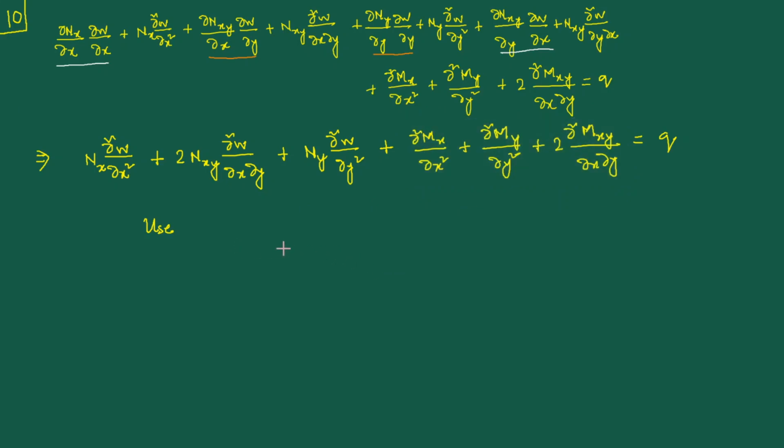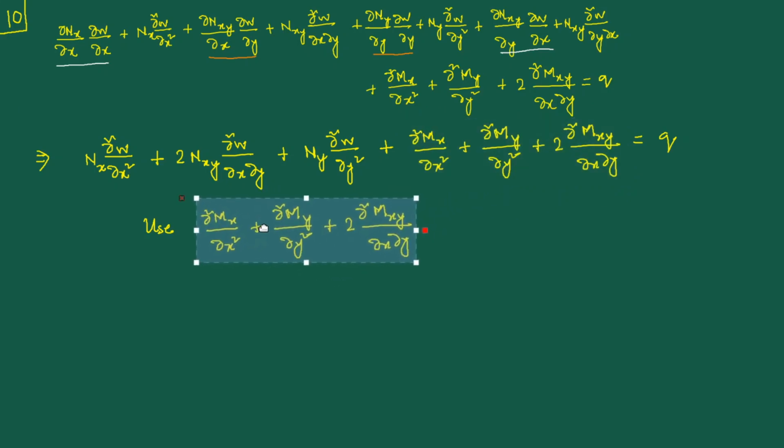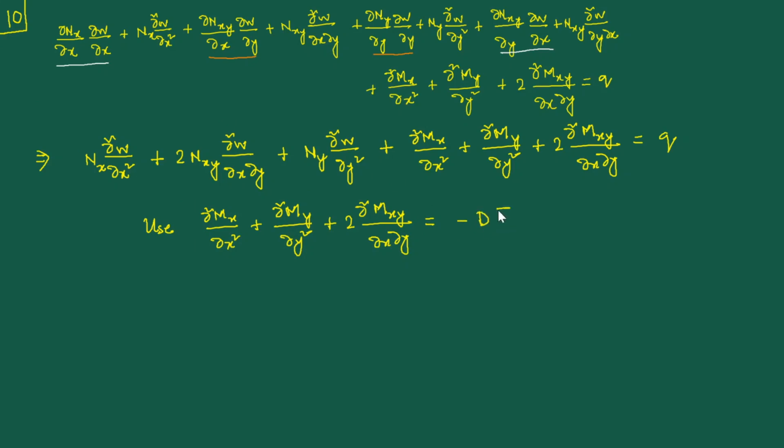if we write in terms of the deflection W, it is going to be minus D biharmonic of W. Okay, so overall what we are going to end up with is this.